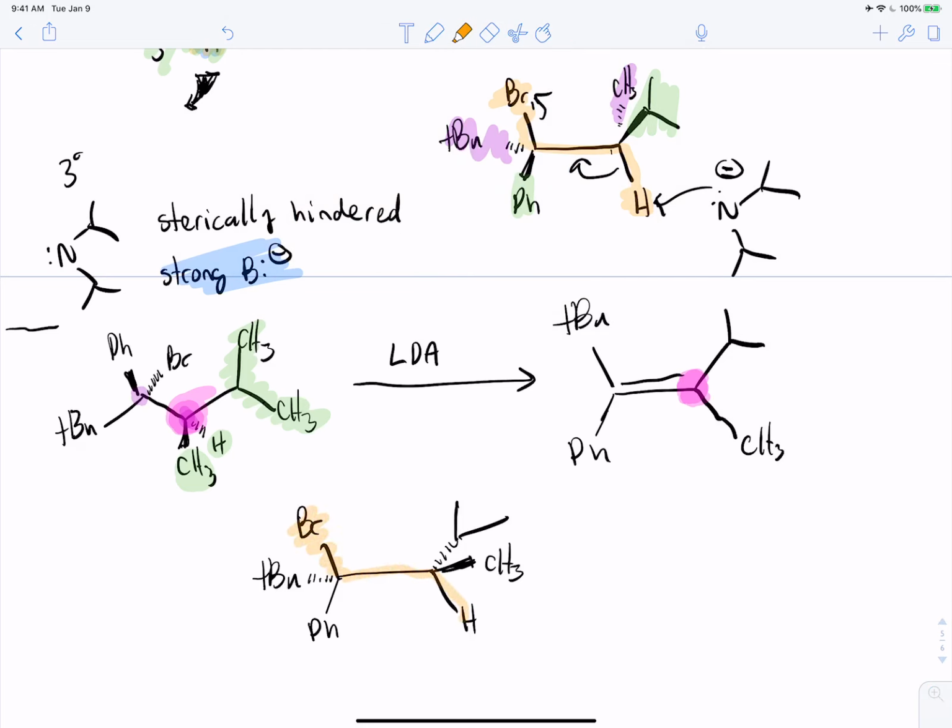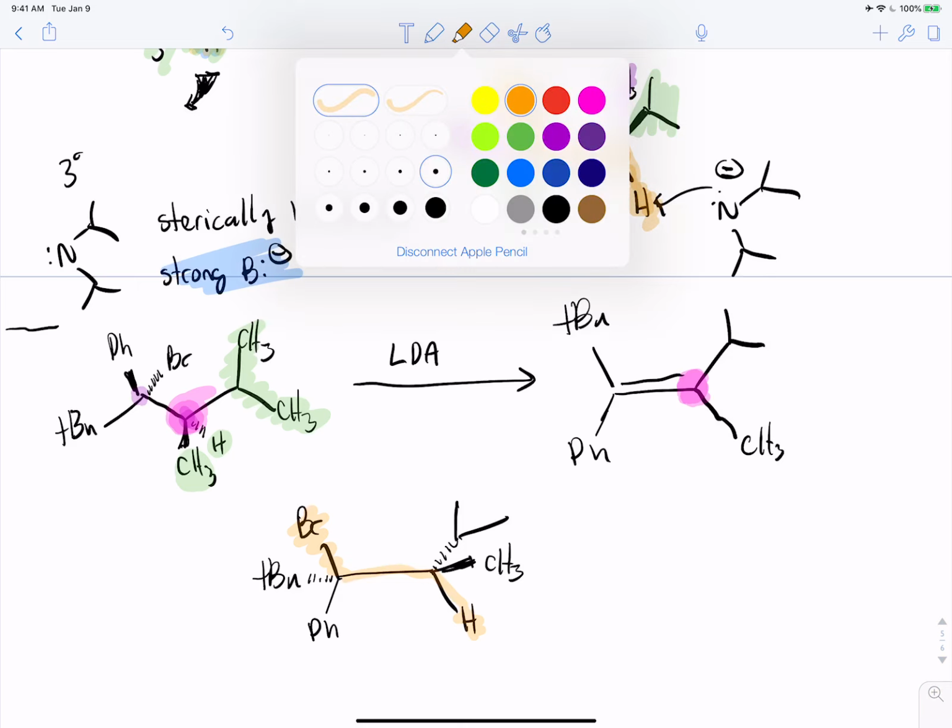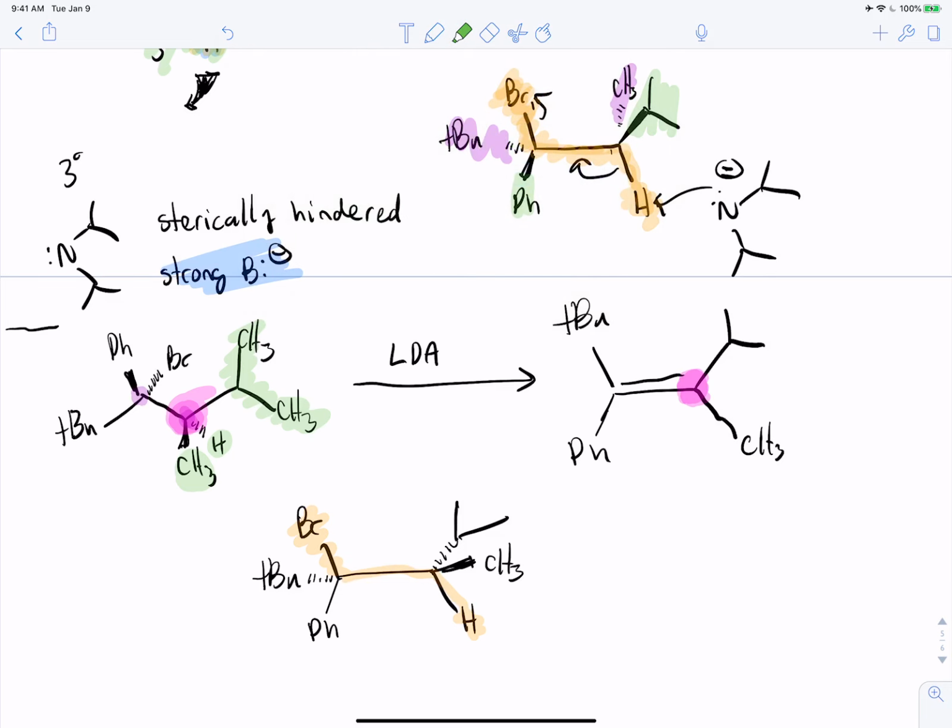So everything is the same as it looks up at this top example, but because I've changed the configuration of the chiral center, now the isopropyl group is on the back bond instead of the front. And so when I actually do the elimination, the isopropyl and tert-butyl are on the same side, and the phenyl group and the methyl group are on the same side.